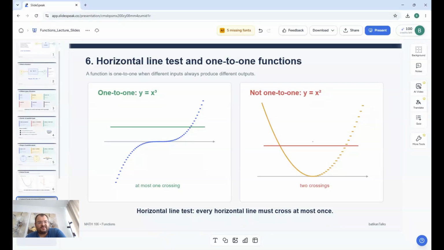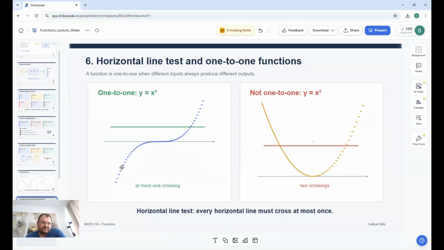If it intersects one time, that means you don't have multiple x values which map to the same output.